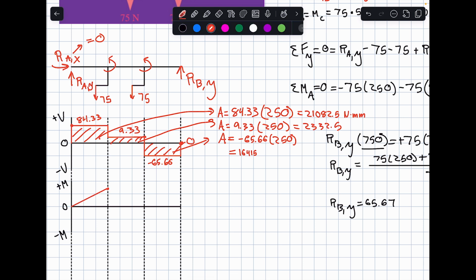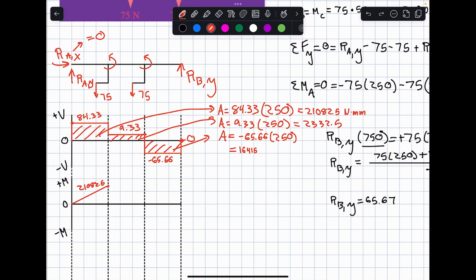Because this is constant up here, we're going to draw this in as a linear line, just like that. And this value, like I said, is going to be that 21,082.5. And then now we have this second area in here. And it's the same story. We have that constant line, and so that's going to end up being linear for us. And so we're going to do that 21,000 value plus 2,332.5.